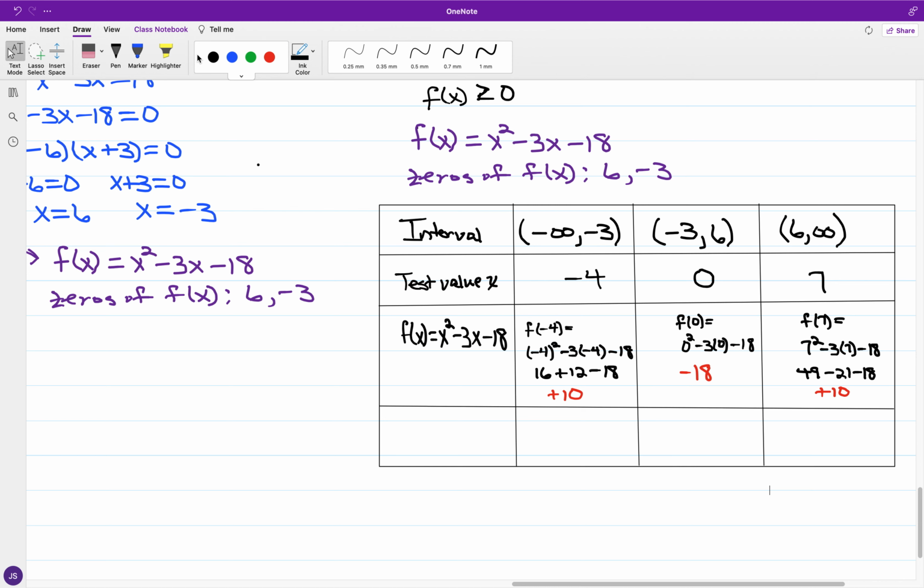Now for the sign of f of x again: in the first case we have a positive, so f of x is greater than 0. Between negative 3 and 6, we have a negative, so f of x is less than 0. And in the last case, we have a positive, so f of x is greater than 0.